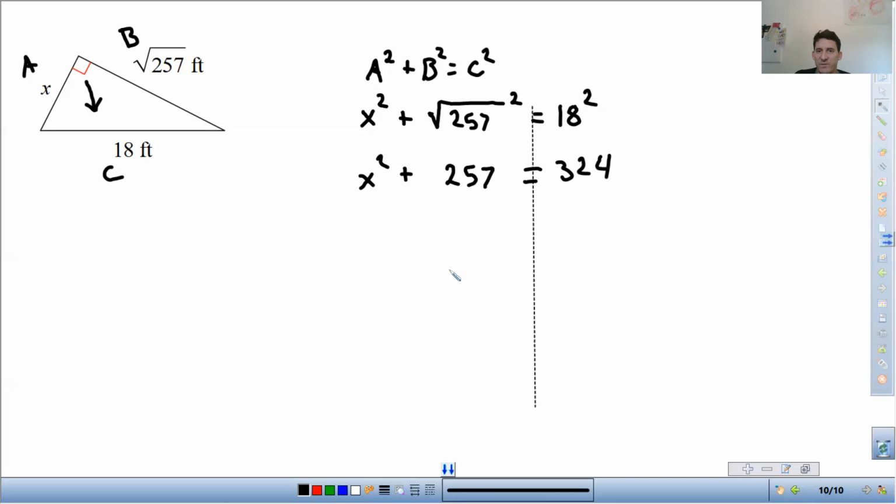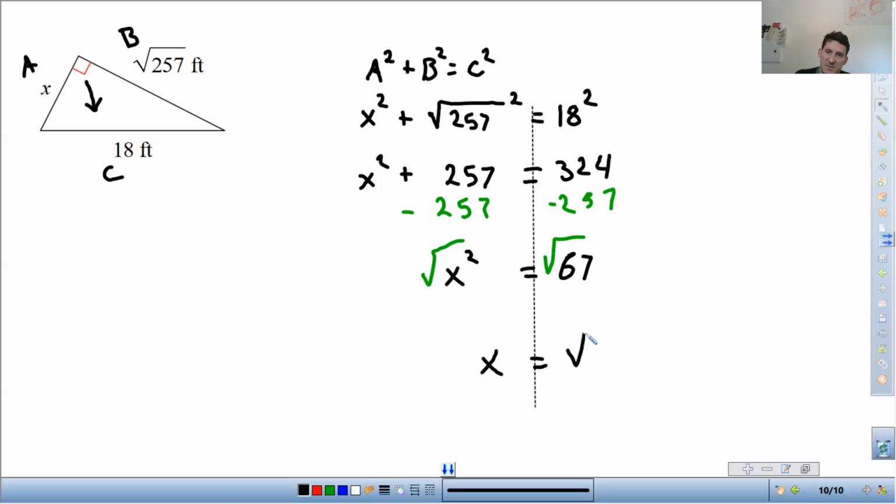So we just have 257. Now I can subtract 257 from both sides. Get 67. So x squared is equal to 67. Square root both sides. There are no buddies in 67. So it's just going to be the square root of 67.